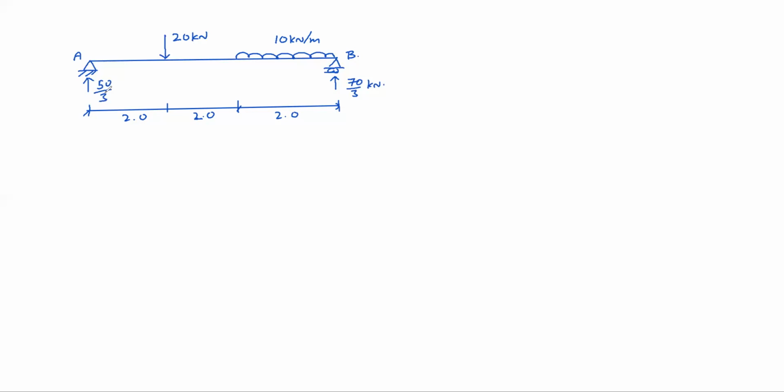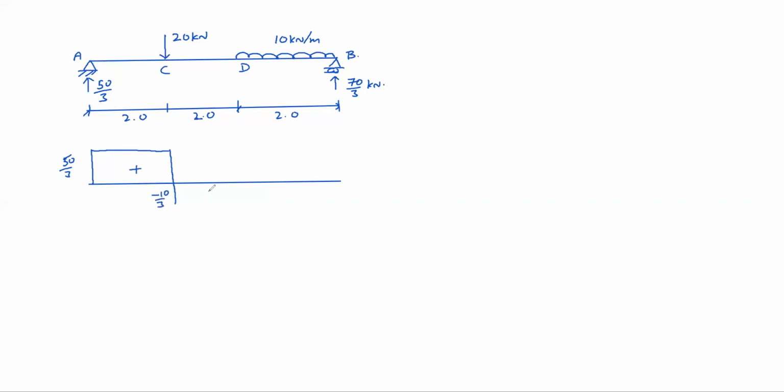Yes, sir. So now you can draw the shear force diagram. Upward 50 by 3. Then from A to this point, let us assume C. This is D. Up to C, constant. 50 by 3 is about 16.33, right? So the 20 load means it comes down. Okay. How much? Minus 10 by 3.